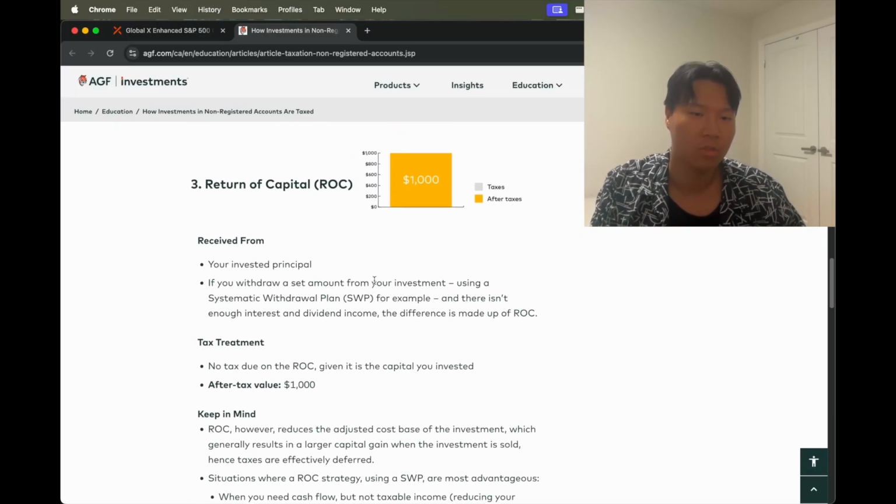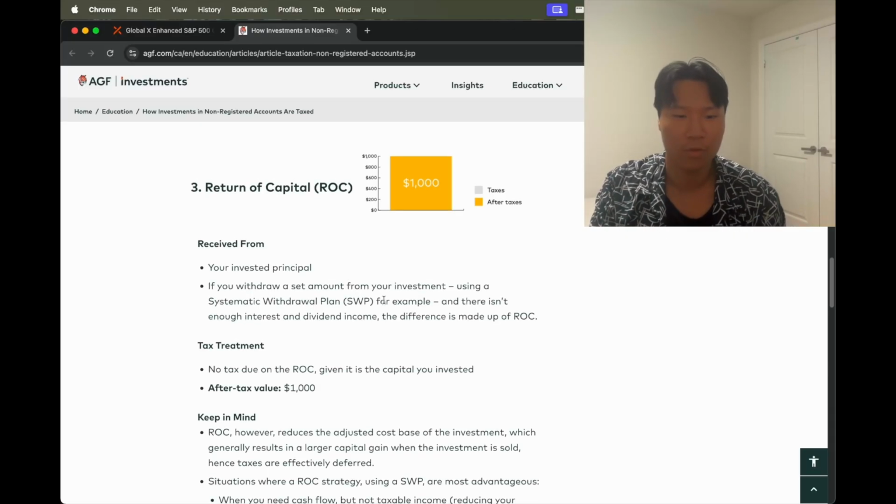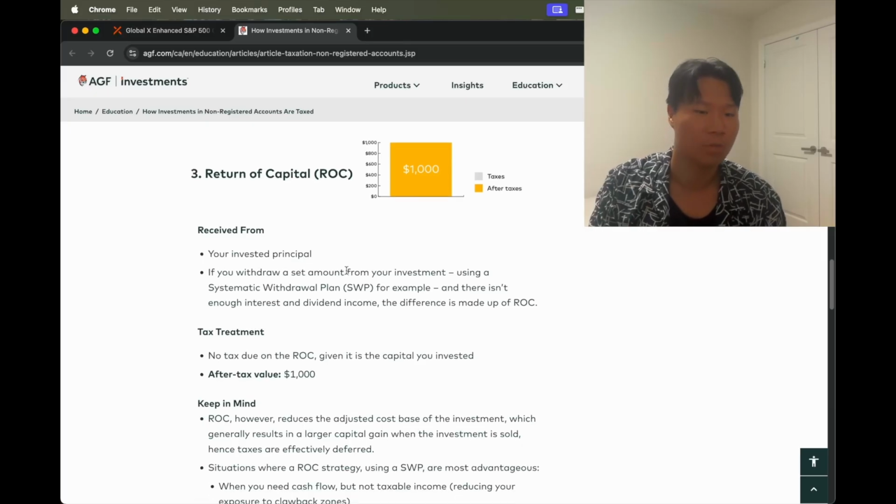So going back to return of capital, I want to show you guys how you can actually determine if your distributions from your covered call ETF are ROC or capital gains, or what it is.